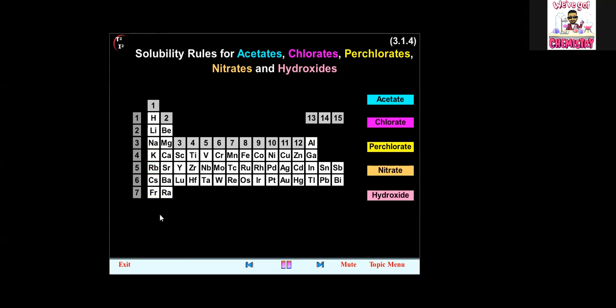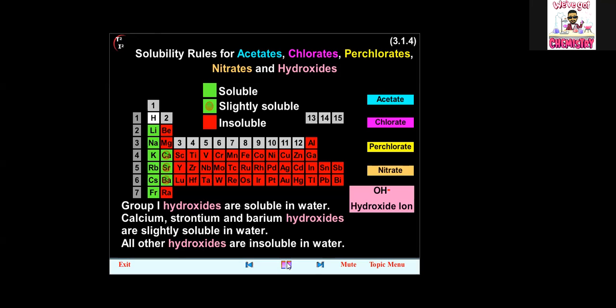Group 1, they are all soluble. Let me go back again. Group 1 hydroxides are soluble in water. Calcium, strontium, and barium hydroxides are slightly soluble in water. All other hydroxides are insoluble in water.